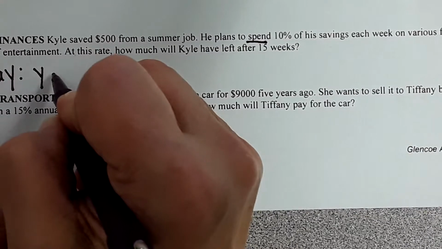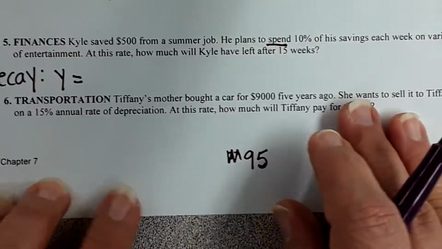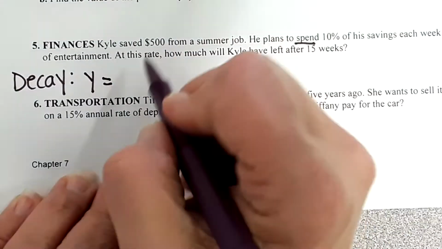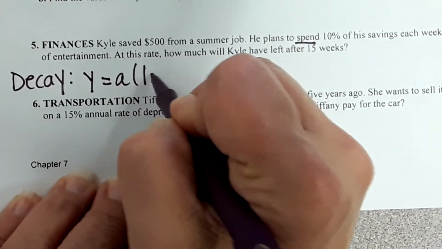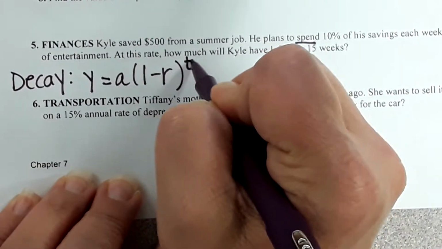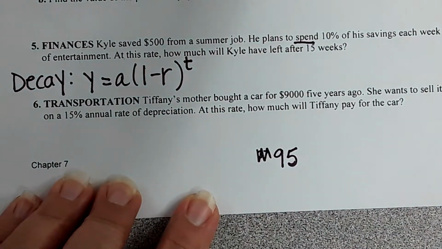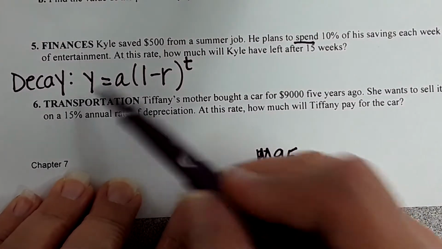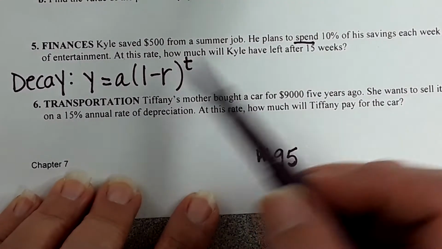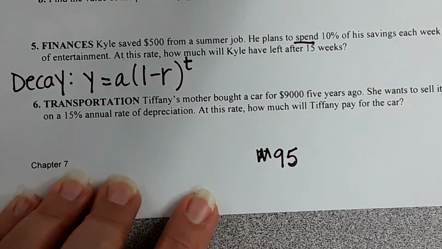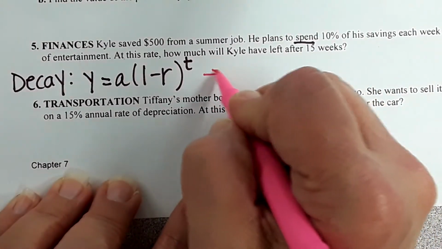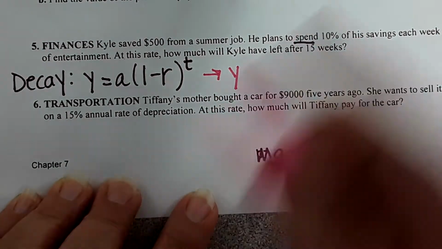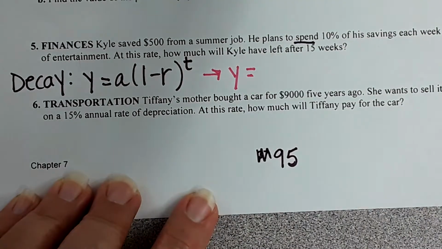Decay is y equals a. So remember, when you're writing the equation, the y will not be filled in and the t will not be filled in. We're going to do that tomorrow. Okay, so we're looking for how much he's going to have left. How much did Kyle start off with?